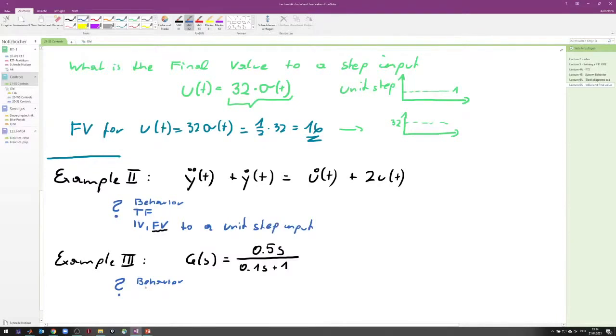And here we have initial value and final value. Sorry, the final value to a ramp. So it's different now. Ramp input, and the input is u of t is equal to 2 times t, right? So it's a ramp. It goes up like this with an inclination here of 2. Yeah, that's it.